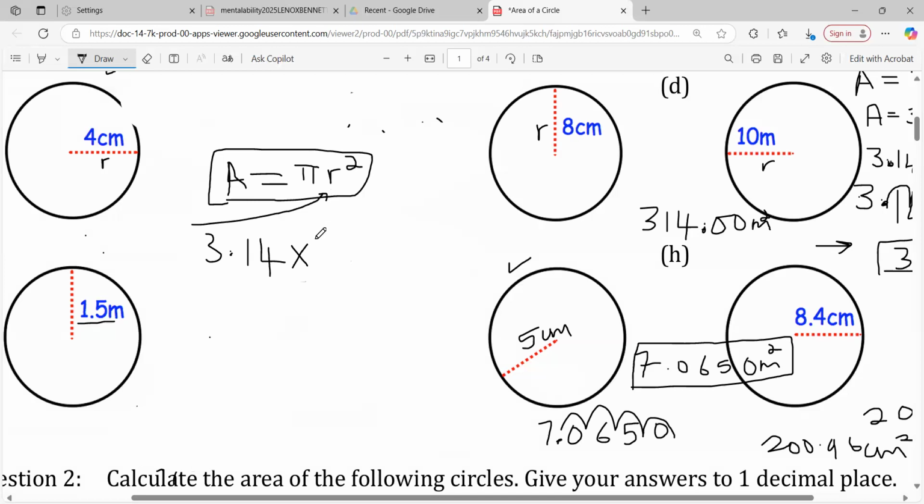So, sir, the first thing you're going to do, sir, 3.14 times 5 centimeters squared. So, sir, the square basically means that you're gonna multiply the number by itself 2 times.